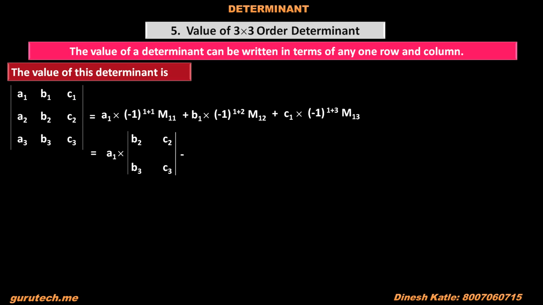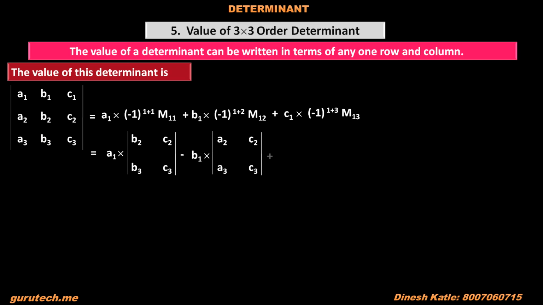In the second term, the factor minus 1 raised to 1 plus 2, that is minus 1 raised to 3, becomes negative. Therefore, second term is minus B1 into its minor M12, which is determinant A2, C2, A3, C3.